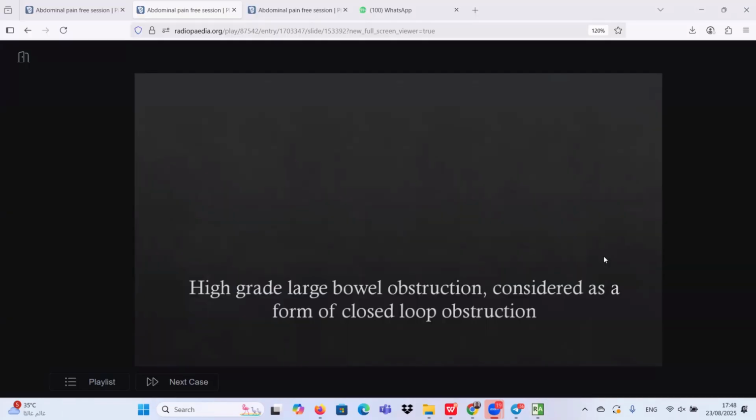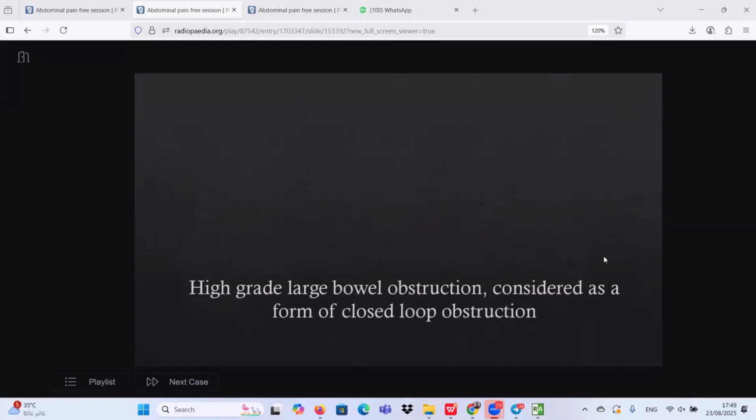Thank you. I'm sorry, my pen was not working. But if we have an obstructing cause at the transverse colon, for example, is it considered a closed loop obstruction or not? Yeah, it is considered a closed loop obstruction because we have an obstruction at the large bowel and we have the ileocecal valve proximally.